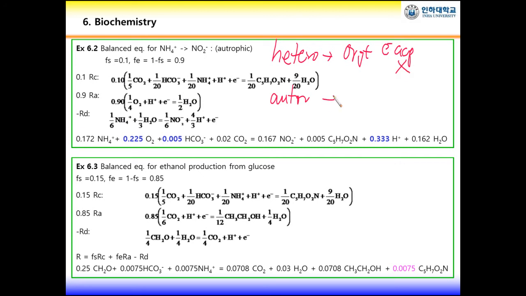In autotrophs, it's inorganic material, you have the electron acceptors, and you end up making the cell reactions. So we can do a lot of things.